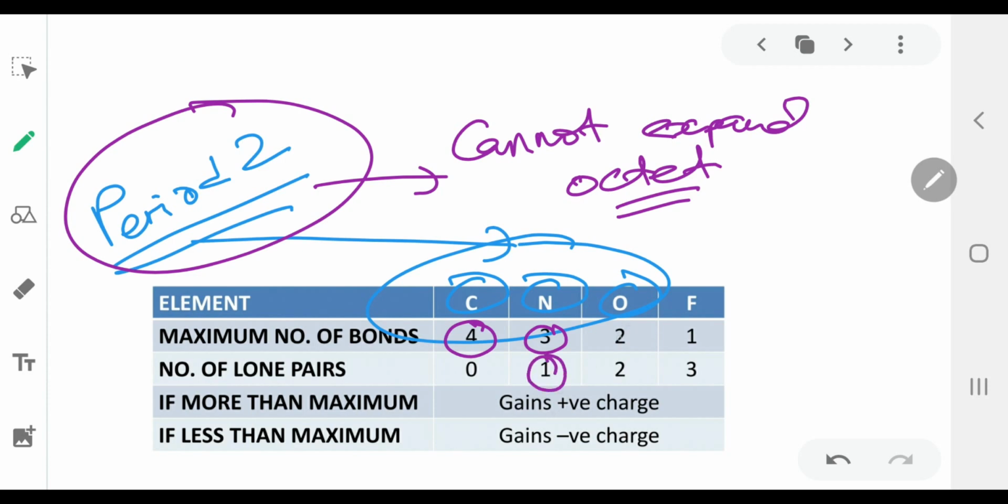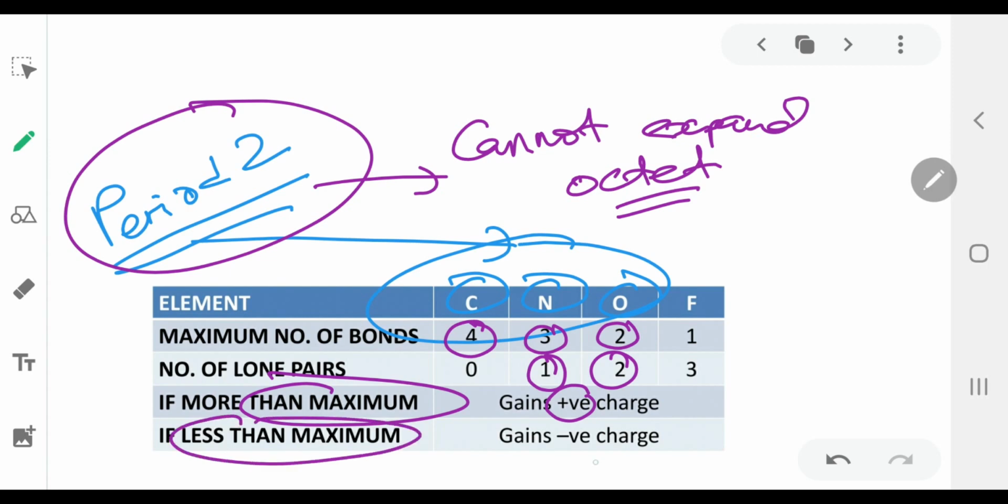Oxygen can have a maximum number of bonding pairs of 2 and 2 lone pairs. And then when they have more than the maximum, usually an extra 1 bonding pair, they will gain a positive charge. And when they are less than the maximum, they will gain a negative charge.